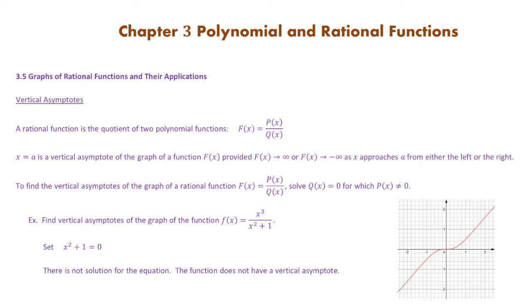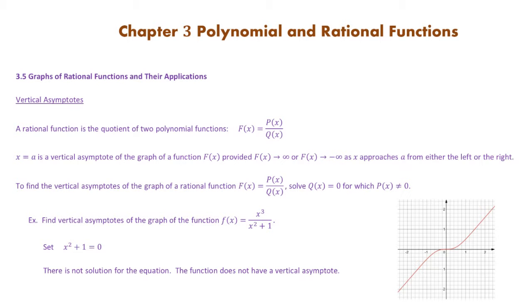Just keep in mind, when you solve the equation q equal to 0, you get some solutions for x, and then you plug into p, and p should not be 0 when you plug in that solution.